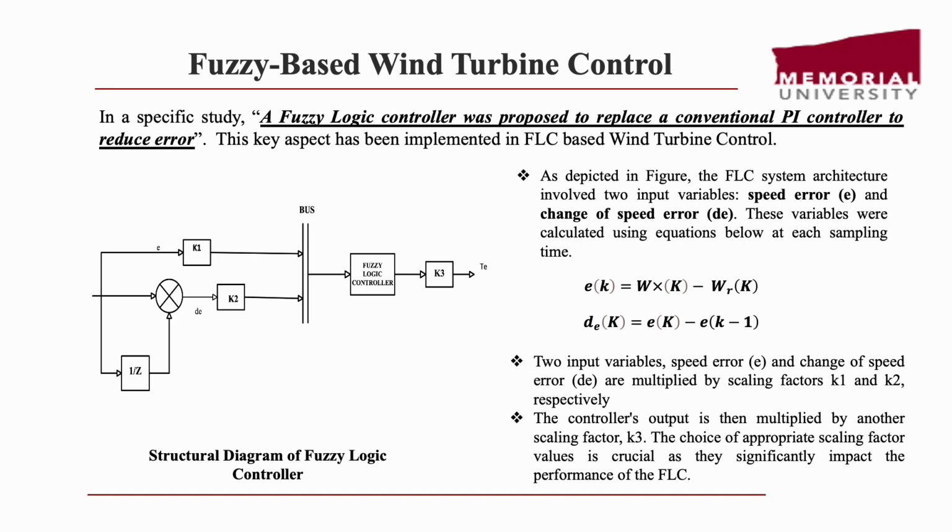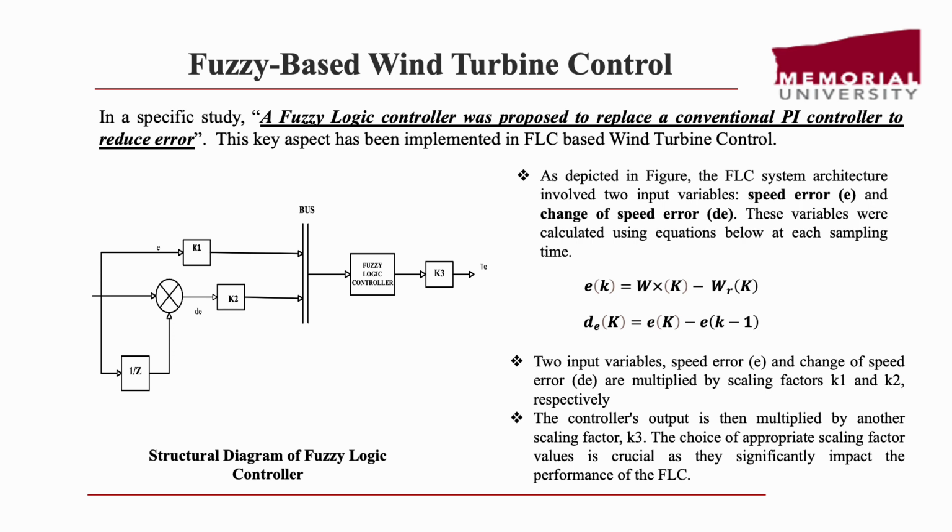As you can see here in the fuzzy logic controller diagram, which is a structural diagram that explains the operation, the architecture involves two input variables: speed error E and change of speed error DE. These variables were calculated using the mathematical equations shown in the slide at specific sampling times.